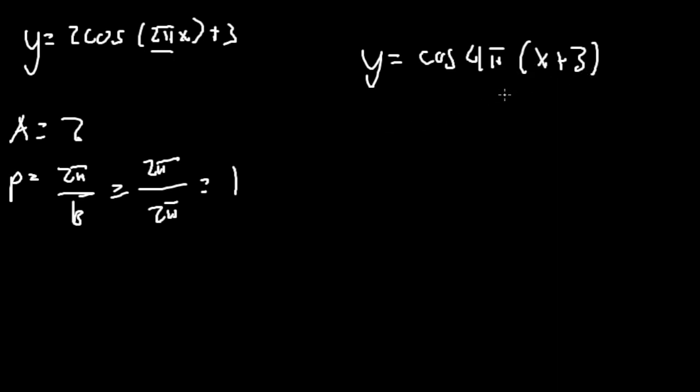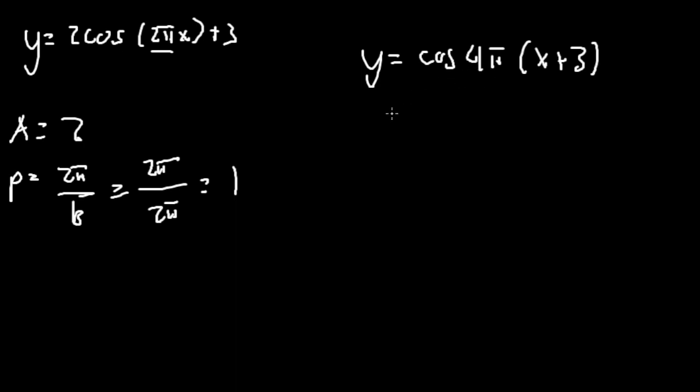Ang period natin is to the left ng variable x. Kaso, baka i-assume nyo agad na 1 lang yun kasi walang variable sa left ng x. However, meron pa tayong cosine, meron pa tayong 4 pi sa labas. Before we get the period, we need to simplify this muna.